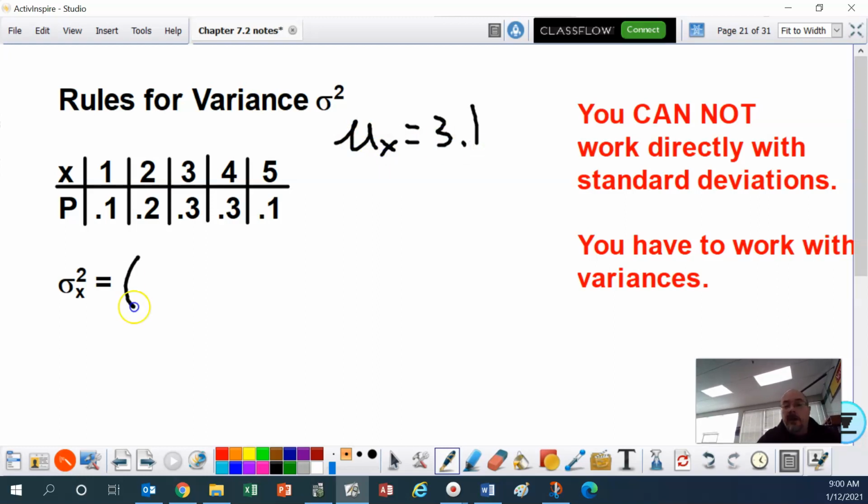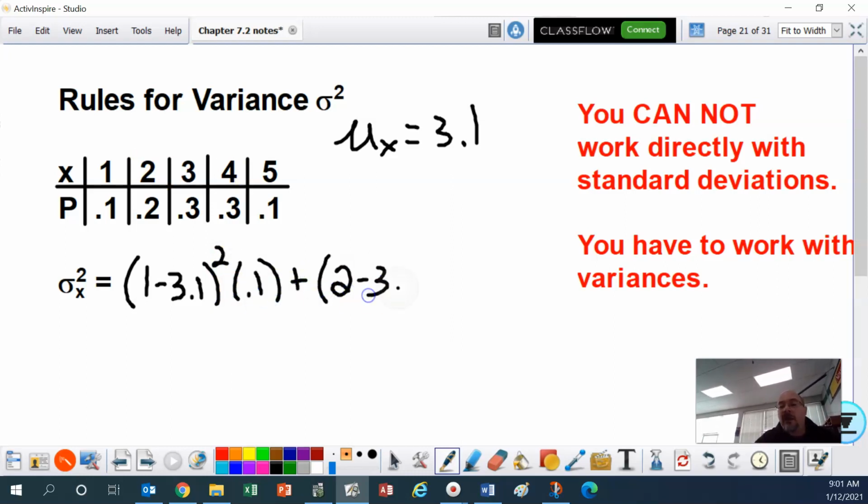To find the variance, remember we go 1 minus the mean squared times its probability, plus the next value minus the mean squared times its probability, plus. Oh, my pause button disappeared. Never mind, I'm going to keep writing it.